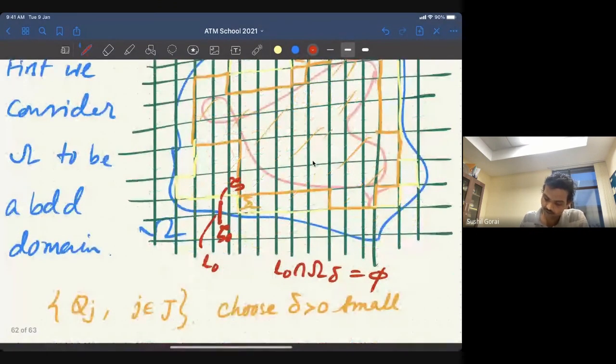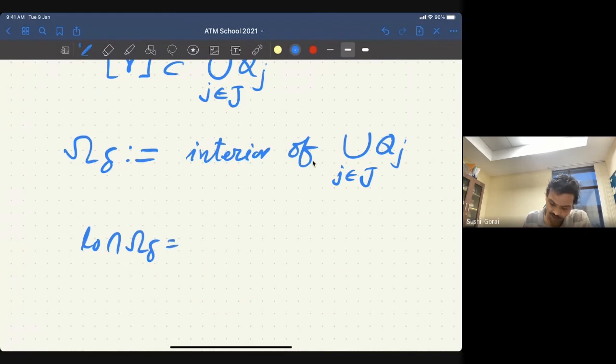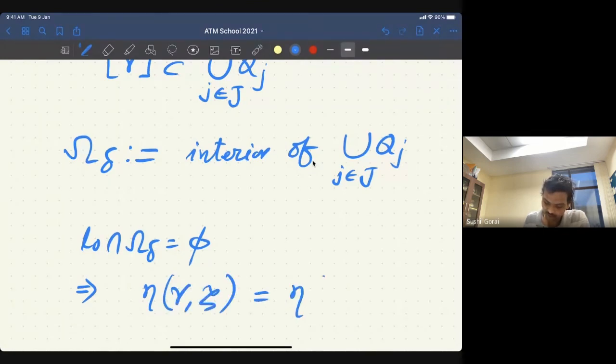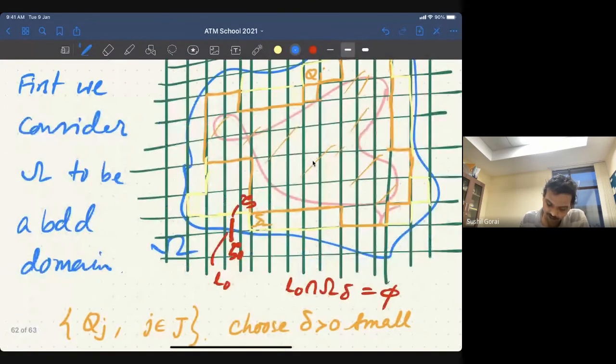This gives you that the index of zeta with respect to gamma equals the index of zeta naught, because we proved last time that if the line segment does not intersect gamma, both endpoints have the same winding number with respect to gamma.